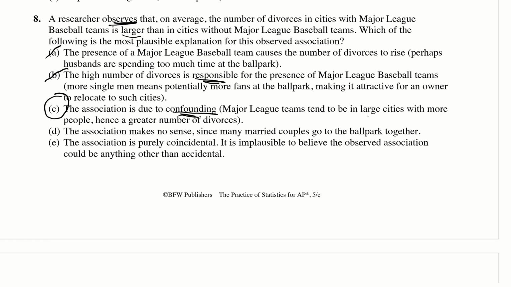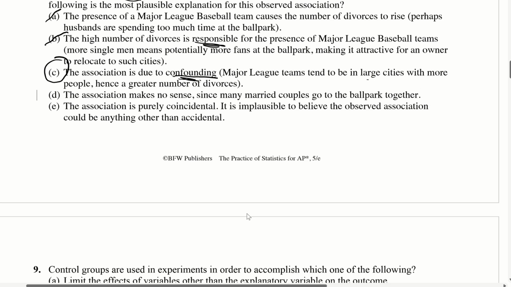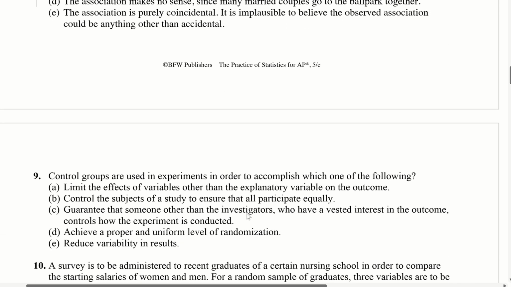So it's possible that like it says here, the major league teams are in large cities, and large cities tend to have a greater amount of people, and then therefore a potential for a greater number of divorces. So that might be the confounding variable. All right. Okay, so that's got to be the best choice.